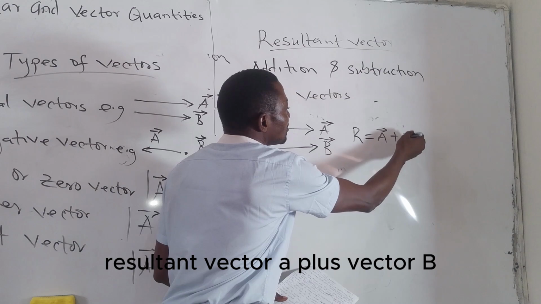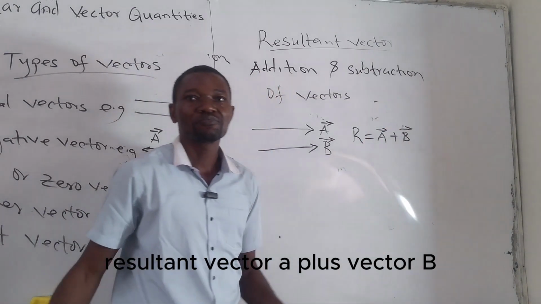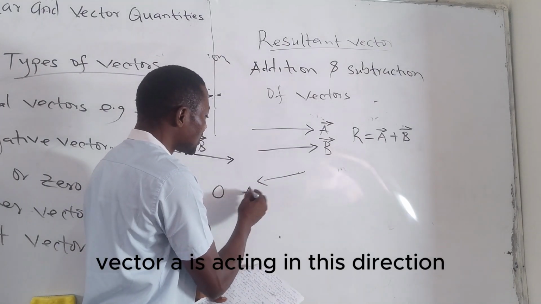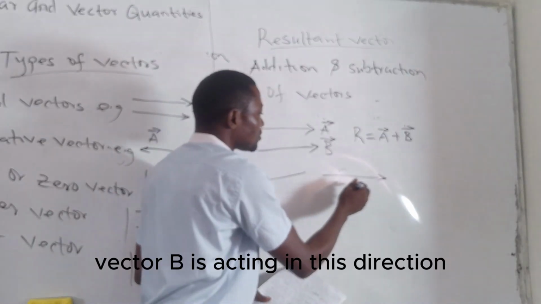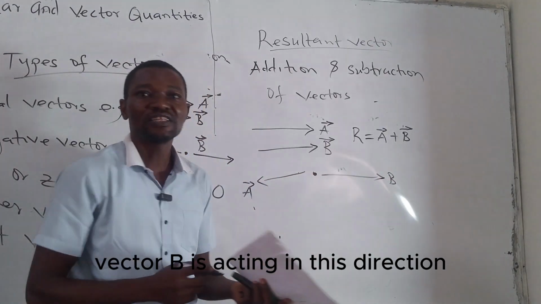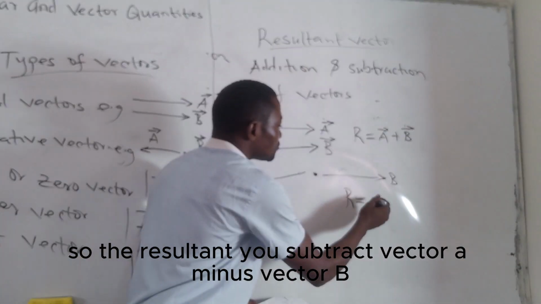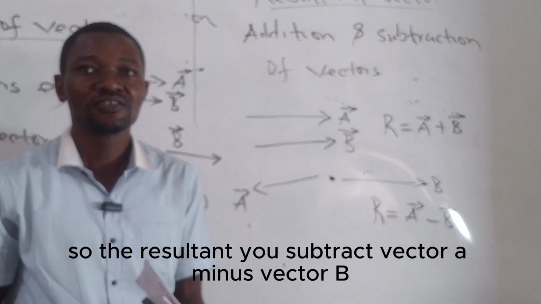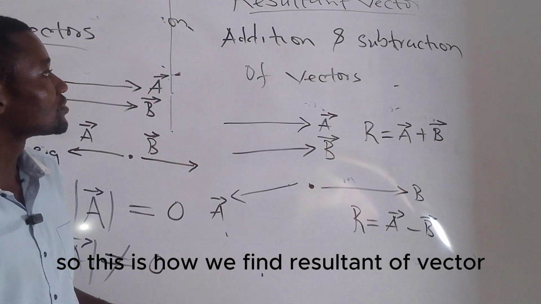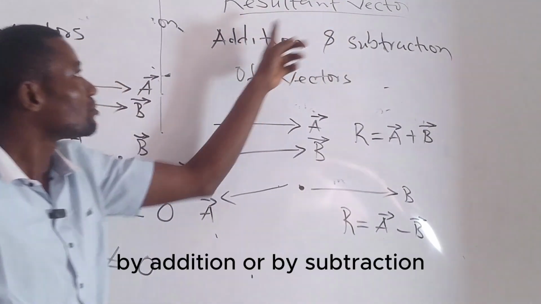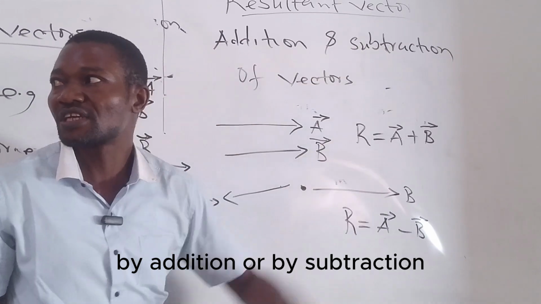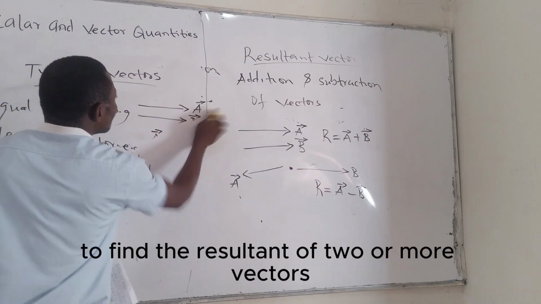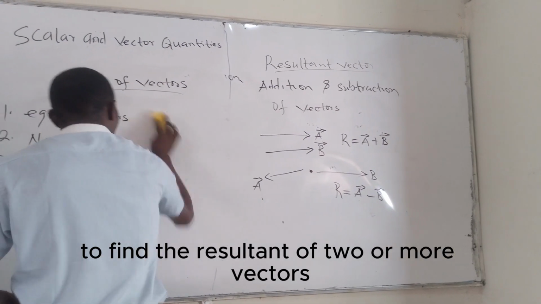Resultant vector is A plus B. And if they act in opposite direction, vector A is acting in this direction, vector B in this direction, the resultant, you subtract: vector A minus vector B. So this is how we find resultant of vectors, by addition or by subtraction. So let's look at some examples to find the resultant of two or more vectors.